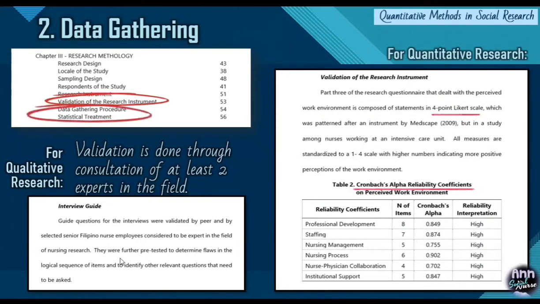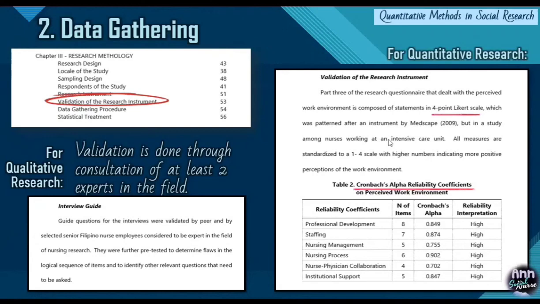Just like what's mentioned here, guide questions for the interviews were validated by peers and by selected senior Filipino nurse employees considered to be experts in the field of nursing research. So this is how you validate your research instrument in the qualitative research, and this is how you validate in the quantitative research.